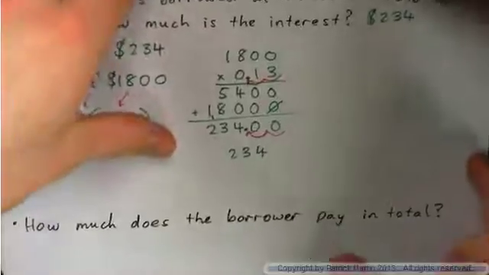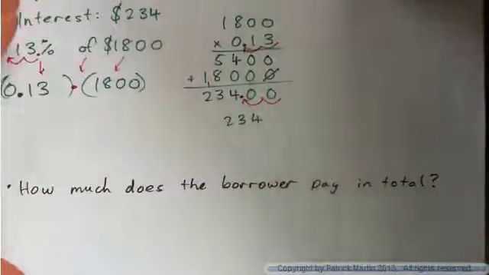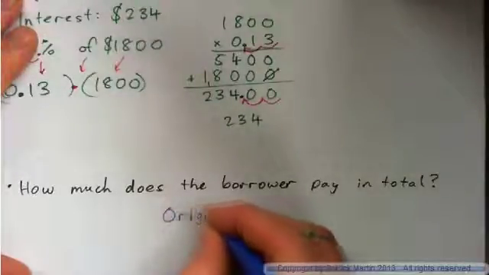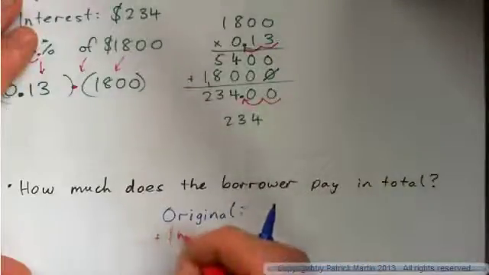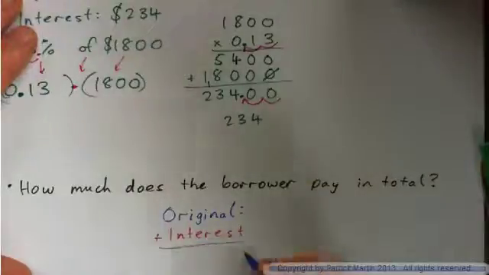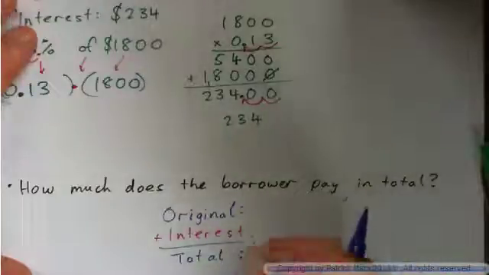How much does the borrower pay in total then? If the interest is $234, they have to pay back the original amount plus the interest. That will give them the total amount that needs to be paid back. What was the original amount?